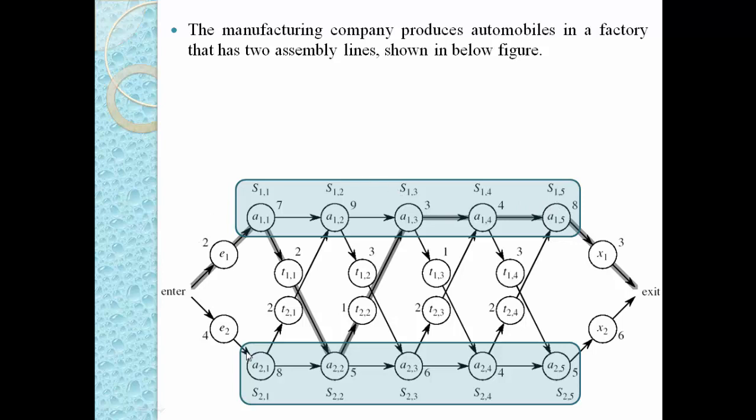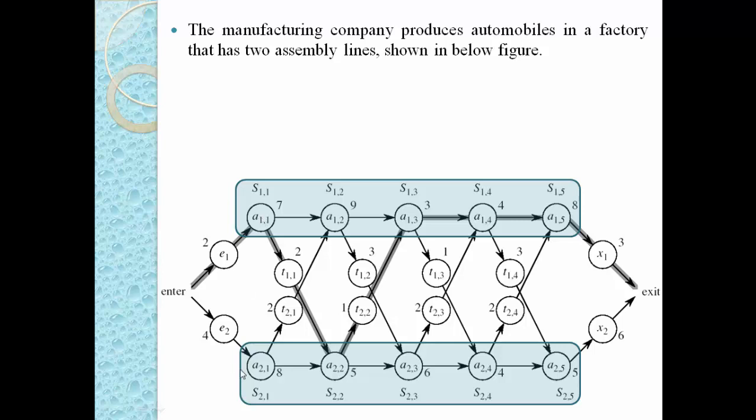In the same way, assembly line number 2 also has 5 different stations. Station number 1 requires 8 units of time, station number 2 requires 5 units of time. Like that, station number 5 requires 5 units of time. One thing you need to note down here is that we have two different assembly lines, but station 1 of assembly line 1, for example, is used to add some parts.